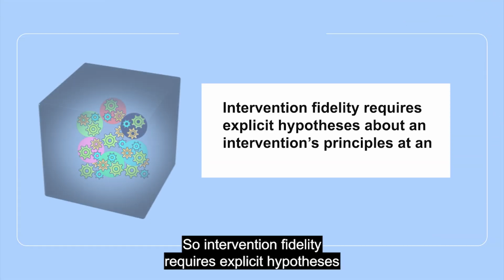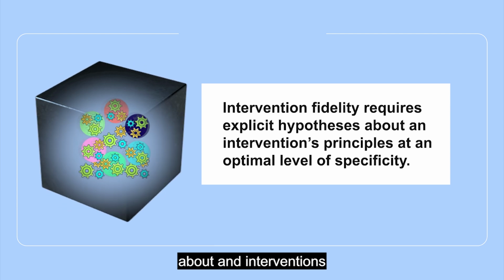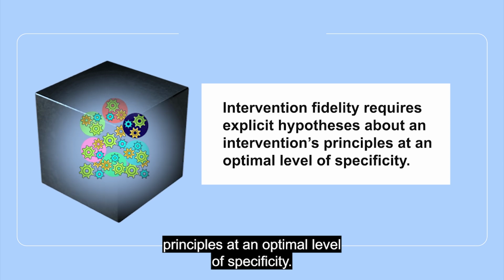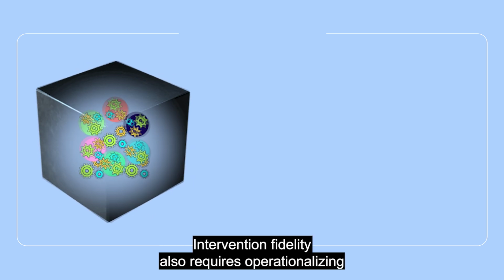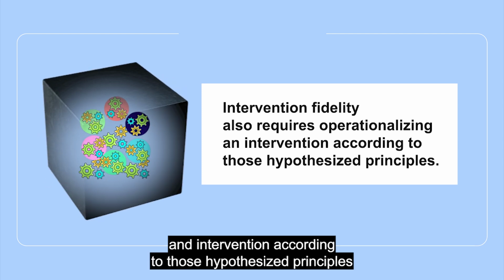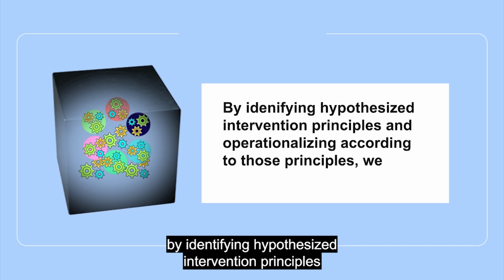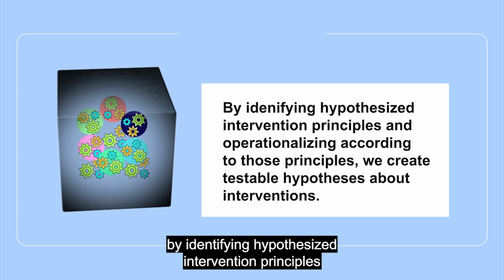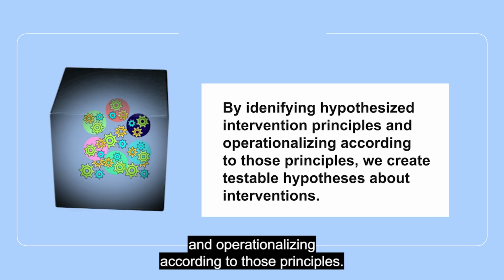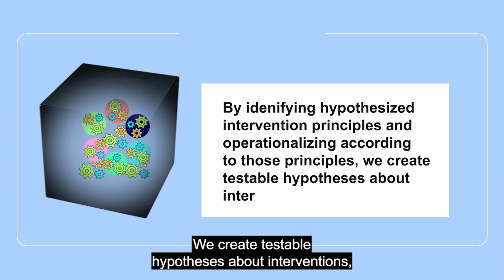So, intervention fidelity requires explicit hypotheses about an intervention's principles at an optimal level of specificity. Intervention fidelity also requires operationalizing an intervention according to those hypothesized principles. By identifying hypothesized intervention principles and operationalizing according to those principles, we create testable hypotheses about interventions.